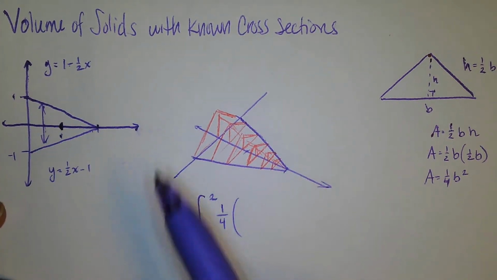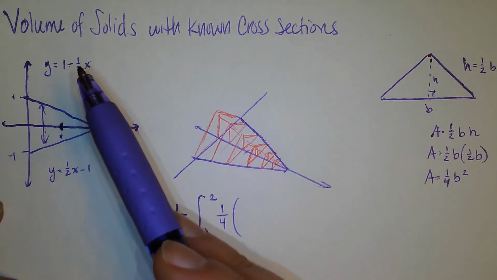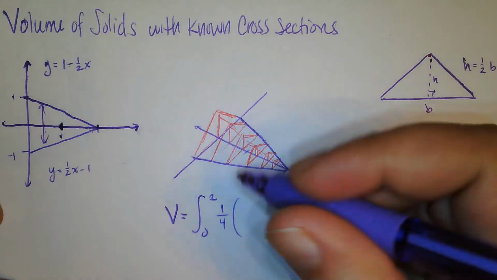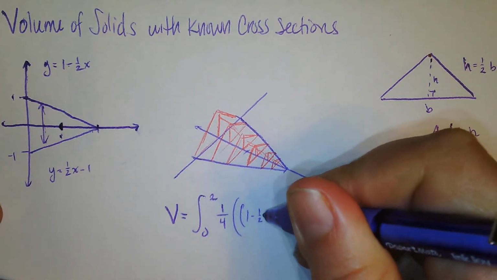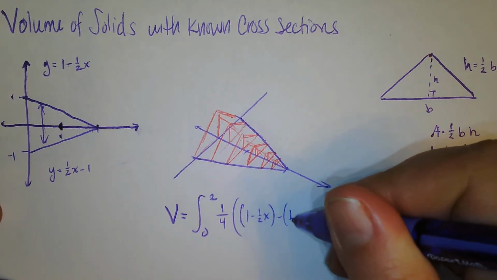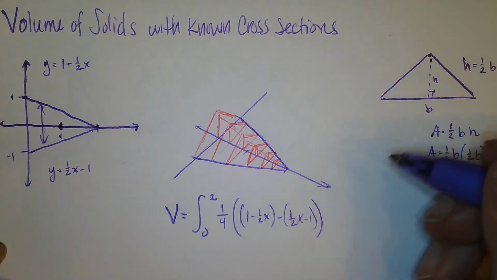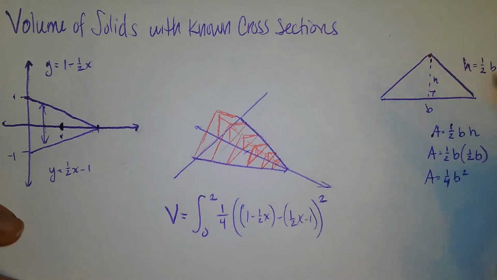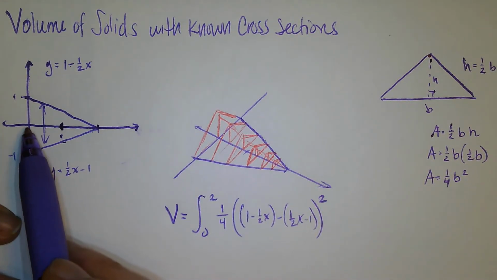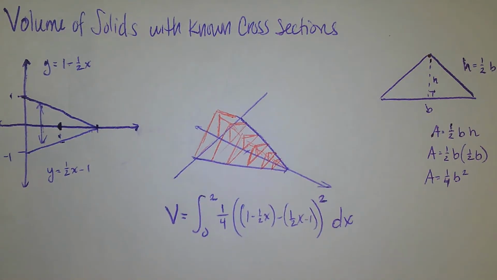It's going to be different for each problem, so you're going to have to figure this out. So the base here is 1 minus 1/2 x minus, in parentheses, 1/2 x minus 1. That's squared, times 1/4, and then we always stick the dx in there. That's the height of the cross section. That's the whole integral. Okay, so that's how we figure this out.